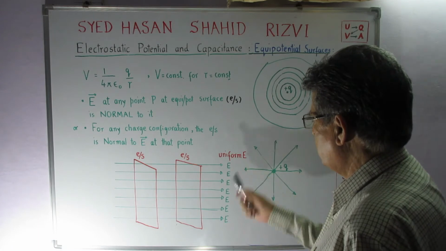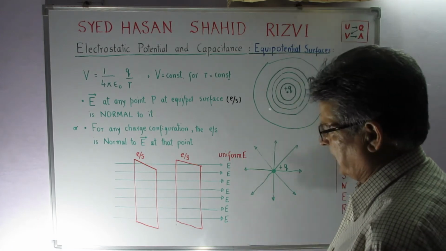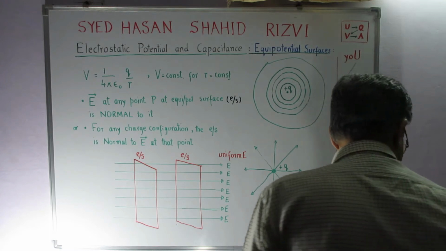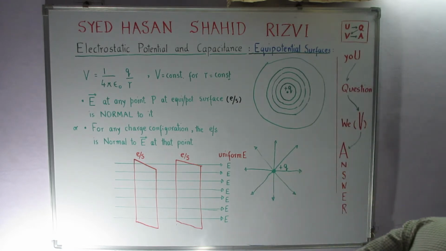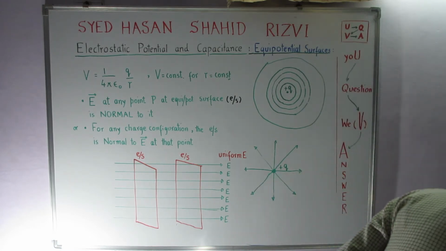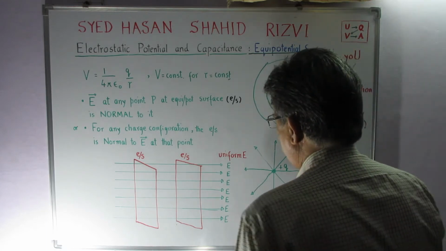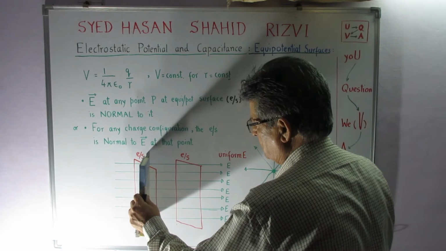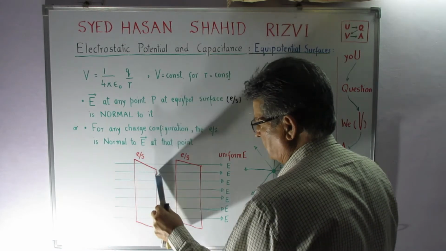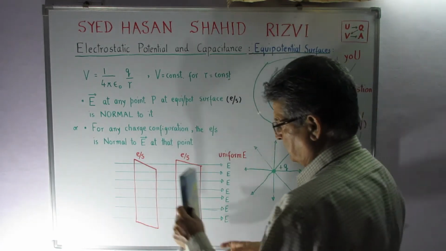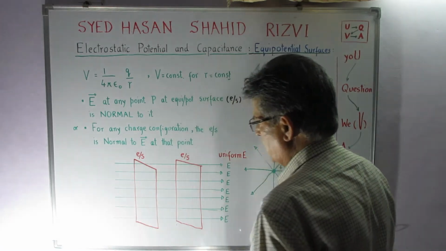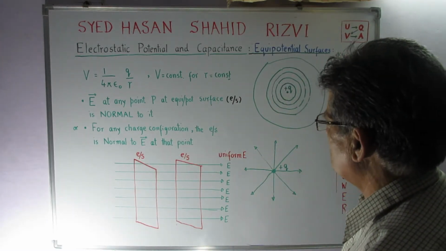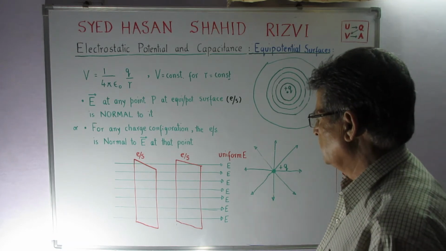Now we have a uniform electric field going from left to right, and then I put a surface over here which is exactly normal to the flow of the field lines.